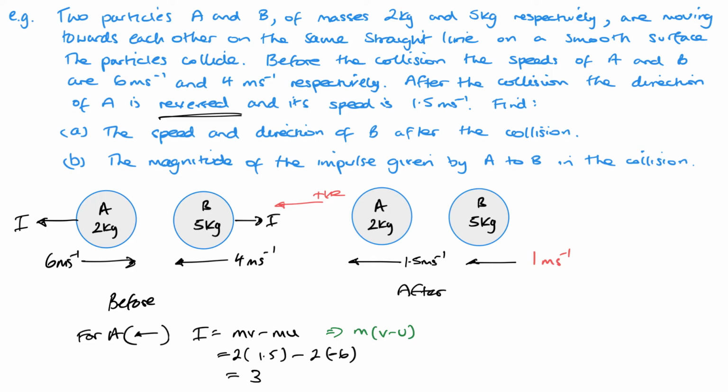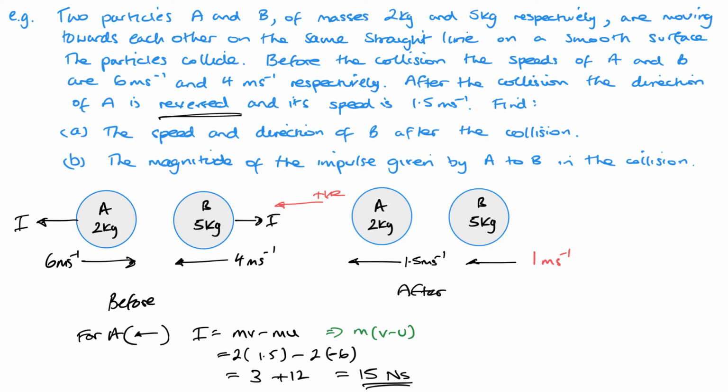So we've got 3 plus 12, so that means that we have a total of 15 Newton seconds in terms of its impulse. Okay, equally I could have done the impulse of B as well. They're both going to be the exact same answer.